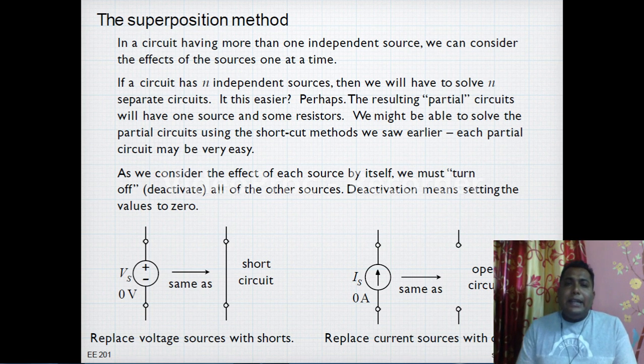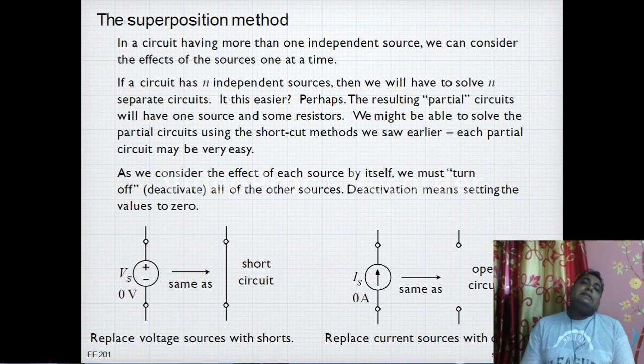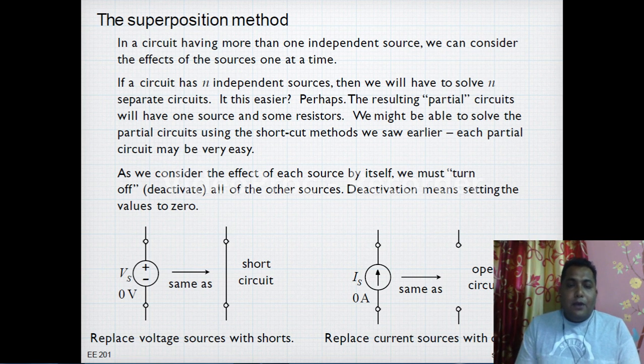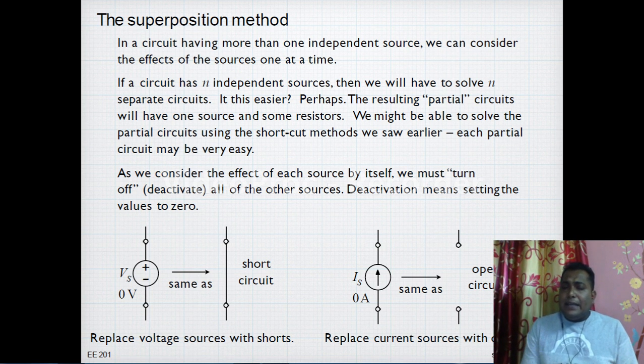Now the point is, as per the rule, when we remove a source from a circuit, we have to leave its internal resistance in the circuit. Again, when we remove any kind of source, maybe voltage, maybe current, we leave its internal resistance in the circuit. Remember, what is the internal resistance of an ideal voltage source?